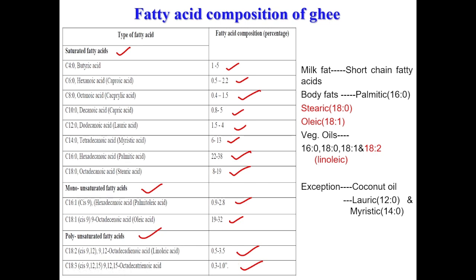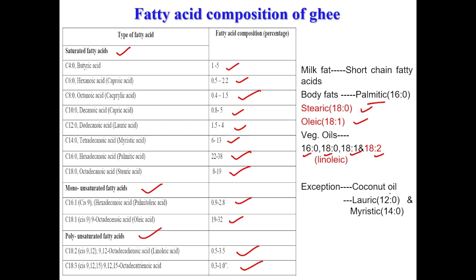Now we can see, if we look at other fats and oils, that milk fat is peculiar in its source and fatty acids. Butyric acid and hexanoic acid are present in higher concentration in ghee, whereas these fatty acids are mostly absent in the adulterants, namely vegetable and animal fats. In body fats, palmitic acid, stearic acid and oleic acid are present at higher concentration, whereas in vegetable oils, palmitic acid, stearic acid, oleic acid and linoleic acid are present at higher concentrations.